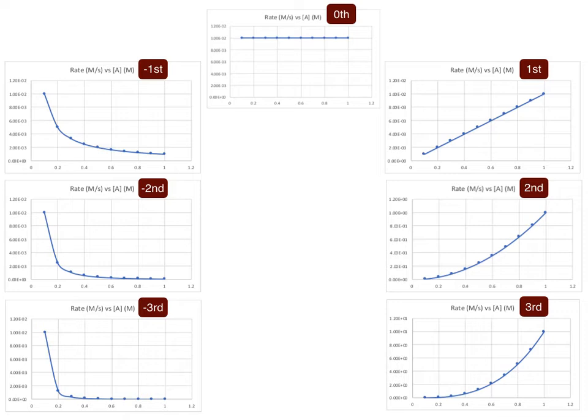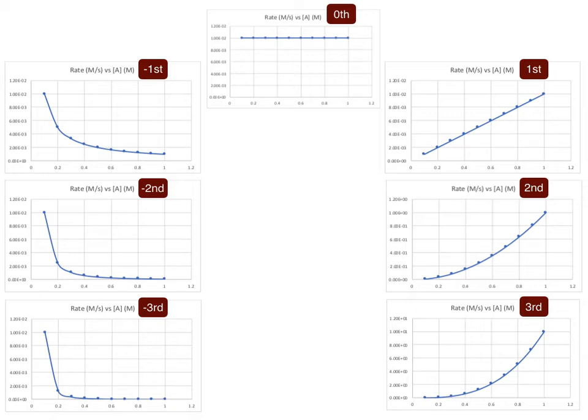The importance of these equations comes in reference to analyzing data. We begin by looking at graphs of our differential rate law equations, that is, rate as a function of concentration. Notice how the zeroth order rate law is not dependent upon concentration.